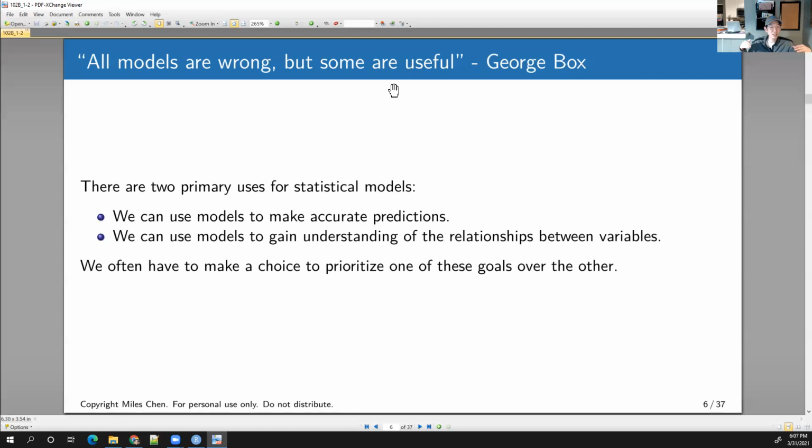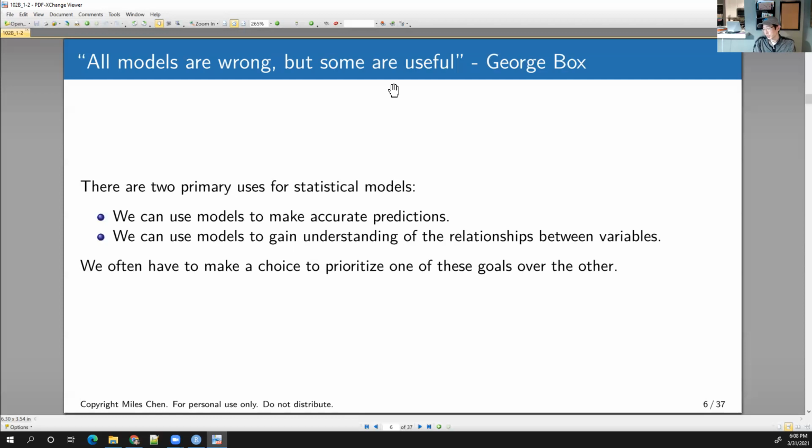Maybe they're connected, maybe they're not. Maybe one is causing the other, maybe neither is causing the other, but we do see these things going together. We see some kind of relationship, some kind of association between these variables, and we want to try to understand what's happening there. And so the models can be used to gain that understanding.